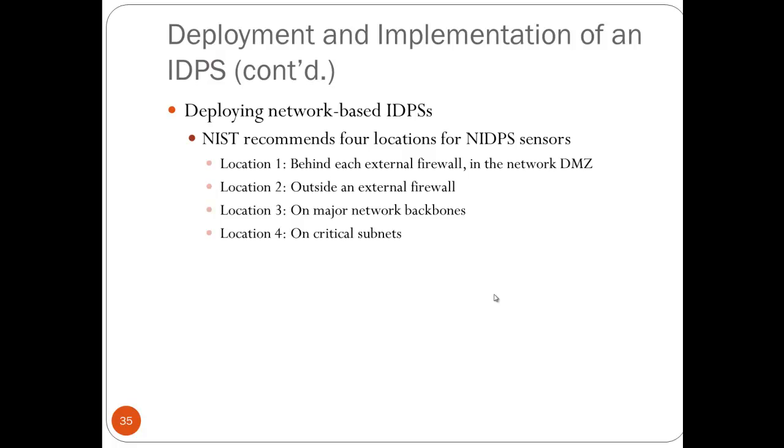It also detects unauthorized activity by our organizational employees, by authorized users within the organization. So that gives us the opportunity to use a sensor to monitor both network traffic from external sources as well as internal sources. And then location 4, critical subnets, again detects attacks targeting specific systems and resources. It also allows organizations with limited resources to focus those resources on network assets that they consider the greatest value.